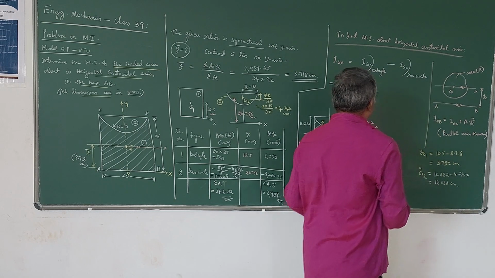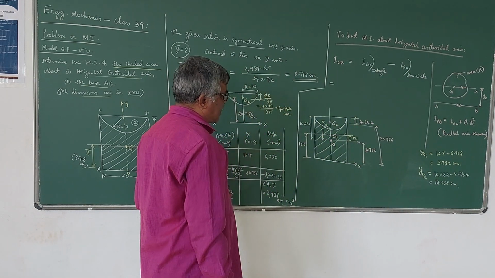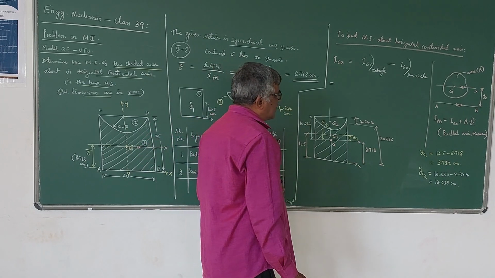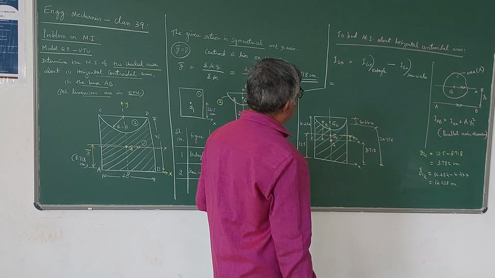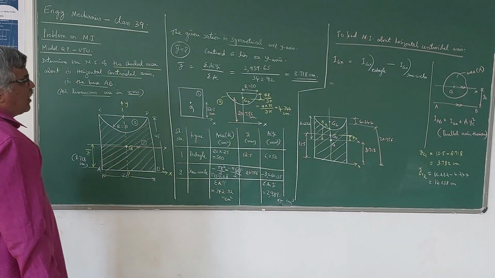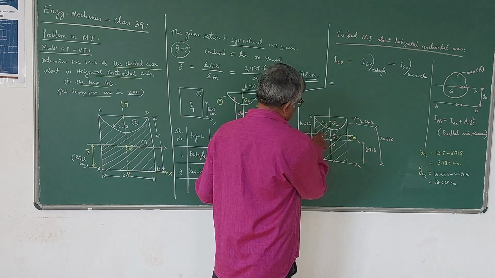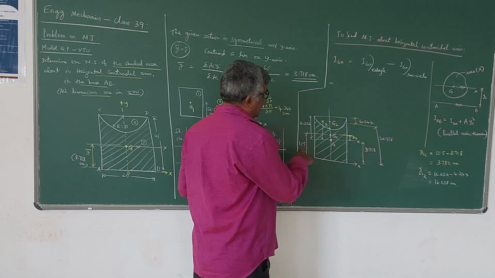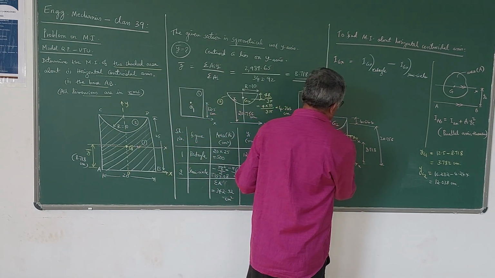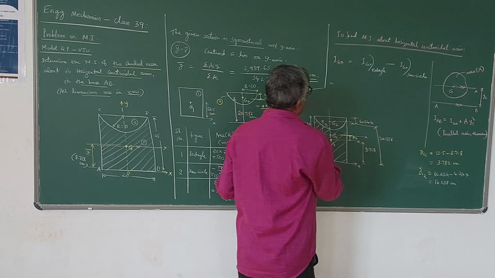Now A1 and A2 you know. A1 is the area of the rectangle, A2 is the area of the semicircle. The only thing we need to write down is the moment of inertia of the semicircle and the rectangle about their centroidal axes. Suppose I take these as G1x and G2x, we need the moment of inertia about those.